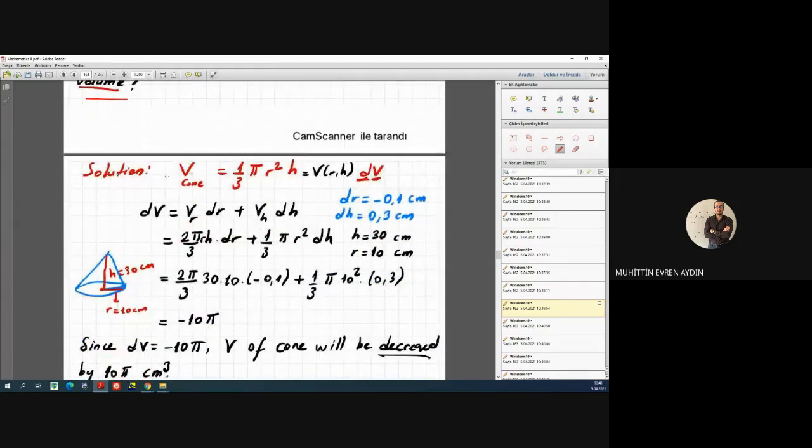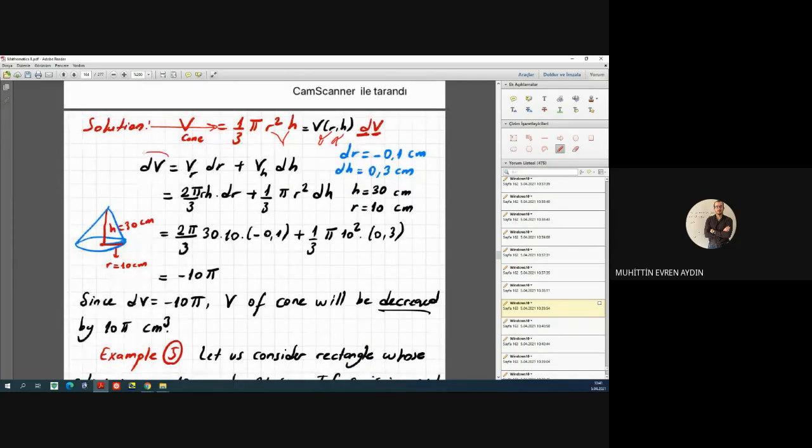Okay, the volume of the cone is given by this formula, and the parameters are the radius and the height. So let's say r and h. Okay.